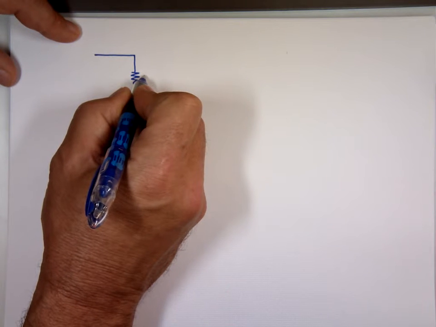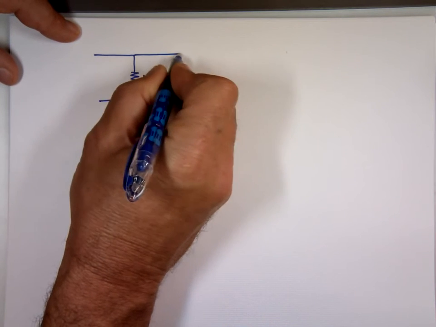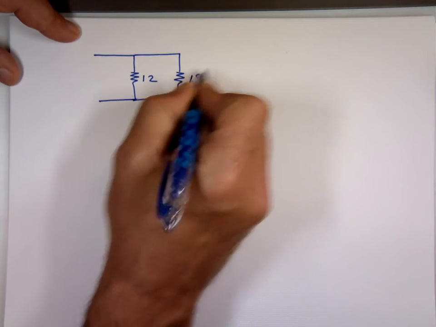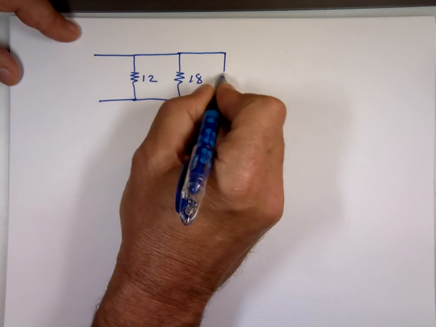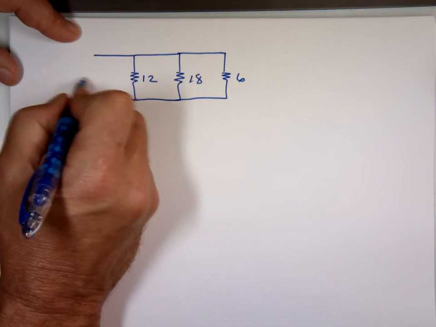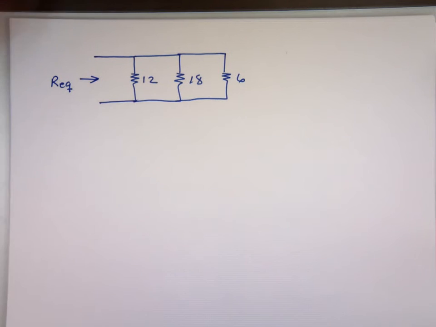I don't know, 12, 18, 6. And I'm looking in that direction for R equivalent. What is the value of this?